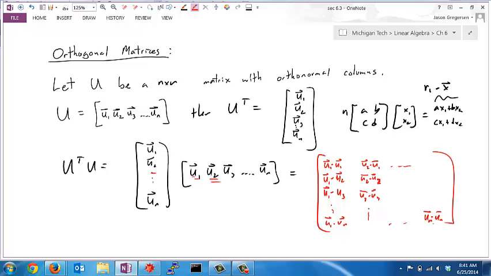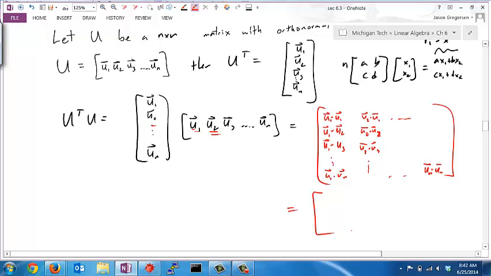We know that the magnitude of U is equal to the square root of U1 dot U1, so that dot product is equal to the magnitude squared. But these are orthonormal vectors, so they all have a length of 1. So this dot product is just 1 squared, or 1. So what kind of matrix am I left with? It's the identity. It's 1 on the diagonal, 0 everywhere else.